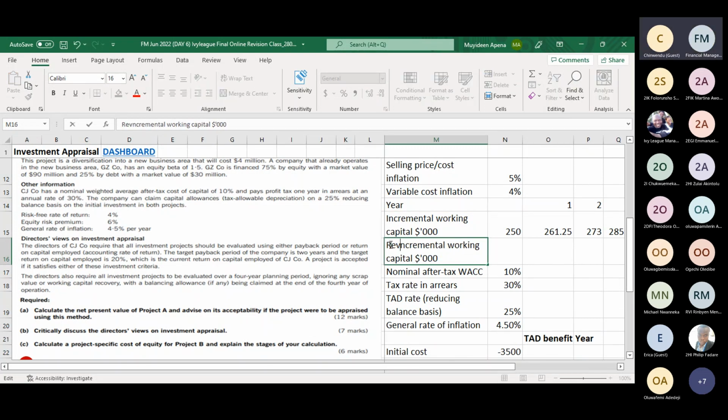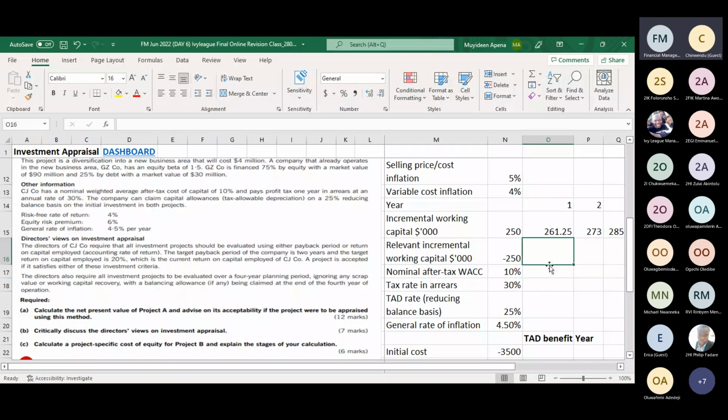So I'm going to call these relevant incremental, per year. This is where we start from 250. Let's put it in negative. So what happens? It increased to 261, by 11.25.